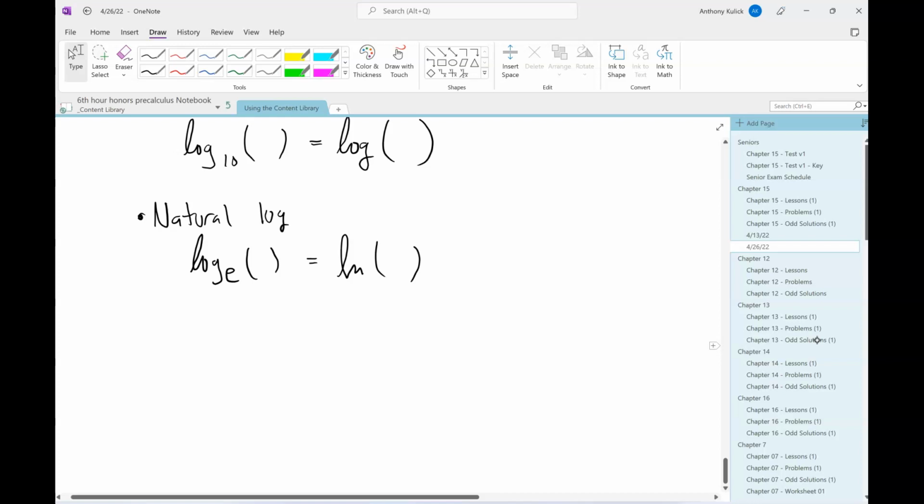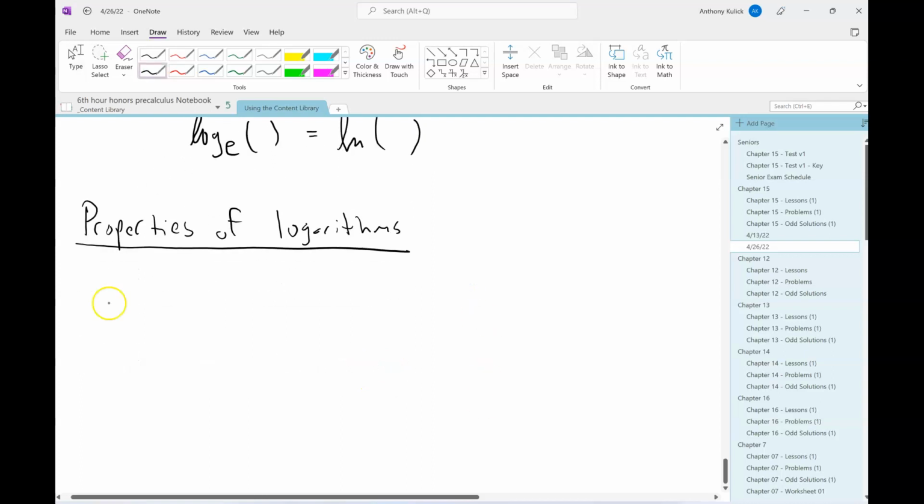Okay. Next up, I want to talk about the properties of logarithms. There's going to be 4 properties of logarithms that we're going to talk about. The first one is the product property.